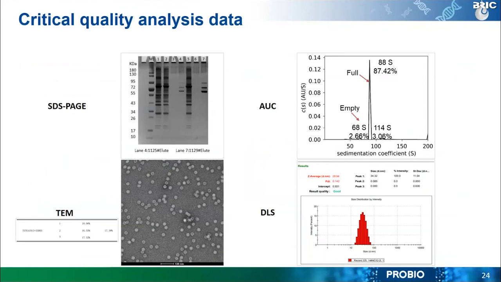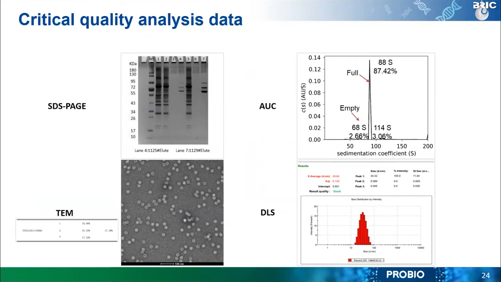Okay, these are the critical quality analysis data. During manufacturing of AAV vectors, a high percentage of capsid might not incorporate any transgene or contain fragments of the transgene. The presence of these impurities could increase immunogenicity or inhibit transduction of full capsid by competing for vector binding site on cells.